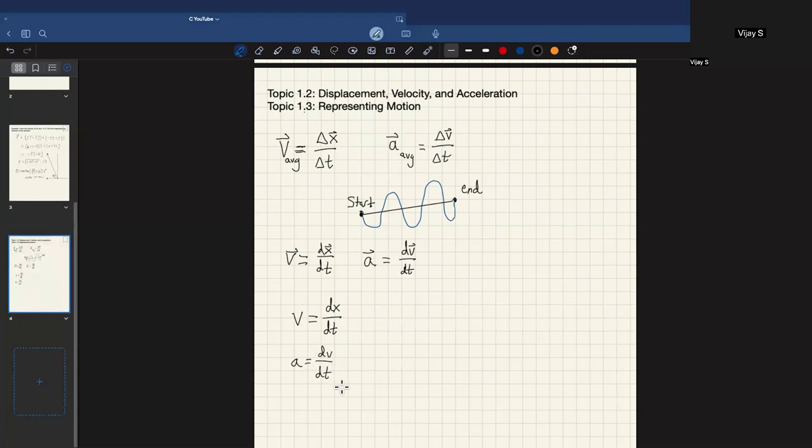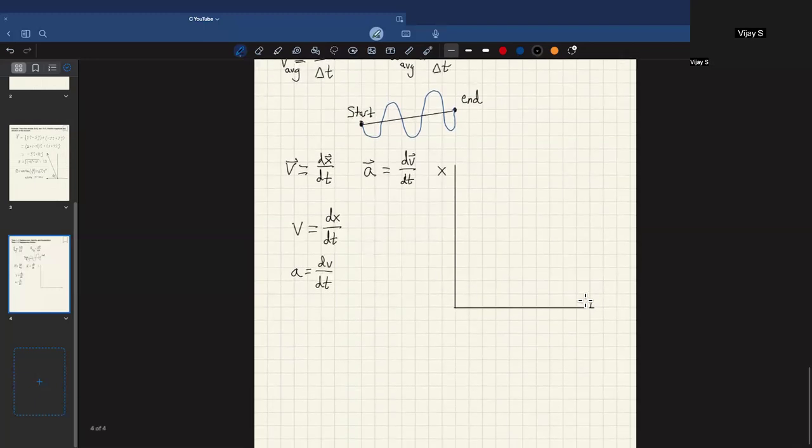And the question might be, what is a derivative? It represents the slope of the tangent line at a given point for a graph. So I'm going to draw a position-time graph right here to show you what I mean. We've got position, we've got time. Let me scroll down a little bit. There we go. Let's say our position-time graph looks something like this.